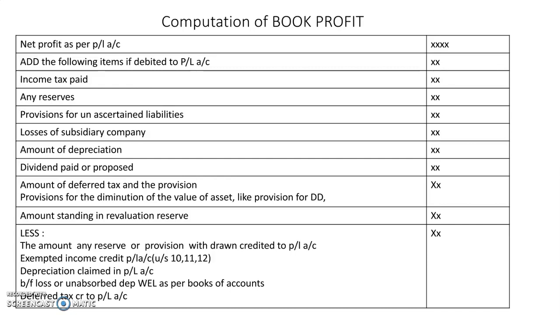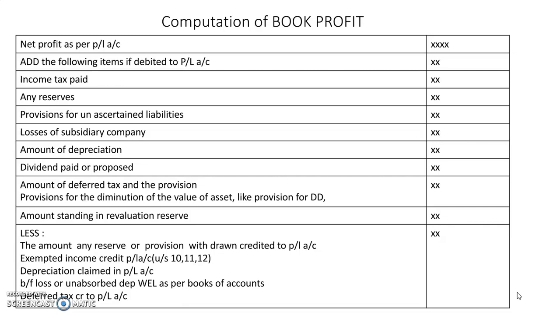Next, we'll see that for MAT purposes, we have to compute the book profit. For computation of book profit, you have to follow the rules. First, you have to take the net profit as the base, as it is given in the profit and loss account, and add the following items if they are debited in the profit and loss account. Some expenses will be debited in the profit and loss account.